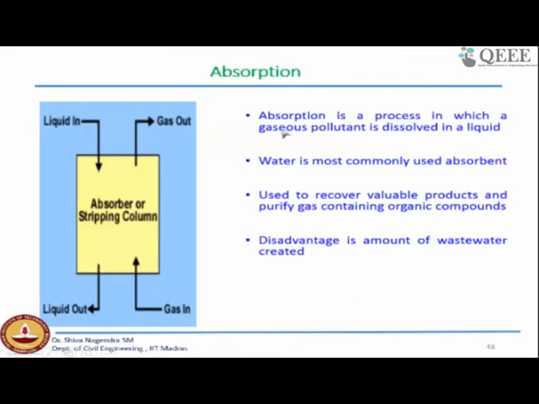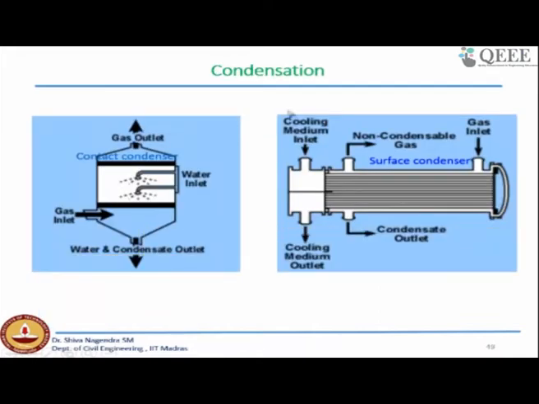Then absorption is another mechanism where you use some known solvent. For example, if you would like to remove sulfur dioxide, you can use lime soda to remove the gaseous emissions present in the given stream. So you can decide which absorbent to use depending on that.